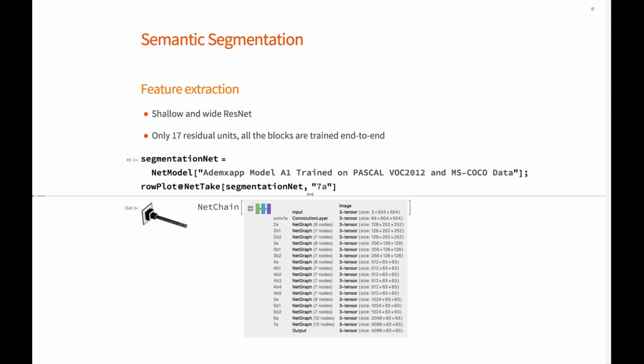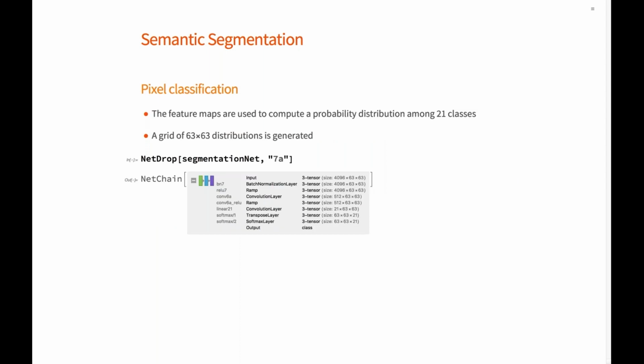And once we extract the features with this type of residual network, we have to compare them to the set of probability distributions. So what we do is we use this transpose layer. You see at the end of the network, you have 21 channels that correspond to the 21 classes that I'm trying to classify, and the feature map is 63 by 63.